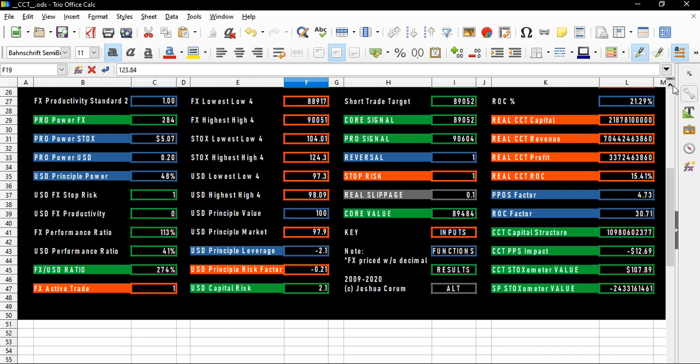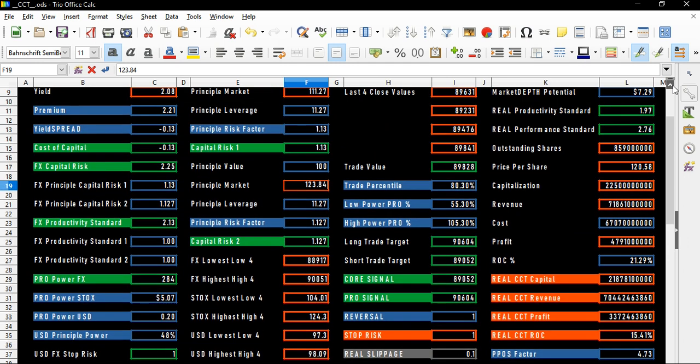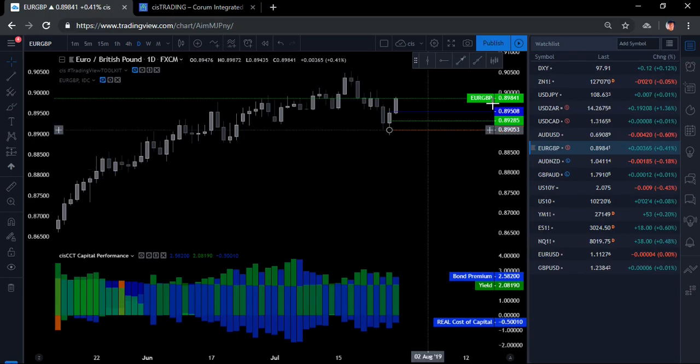All right? So when we look at our Forexometer, when it calculates all this out, you have the trade percentile and the trade value. The trade value is where it says the market should be. It says the market should be around 89.82.8. All right, so let's go to our chart. Where are we trading at? 89.84.